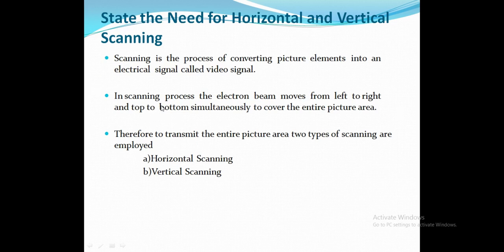In the scanning process, the electron beam will move from top to bottom and left to right to cover the overall picture. So we have two types of scanning: horizontal scanning and vertical scanning.